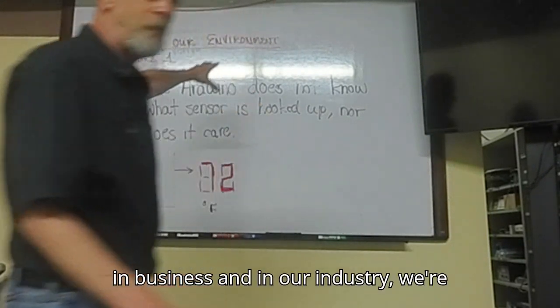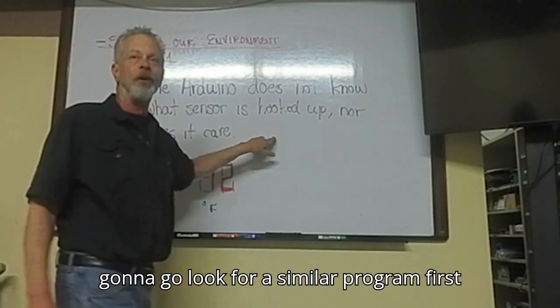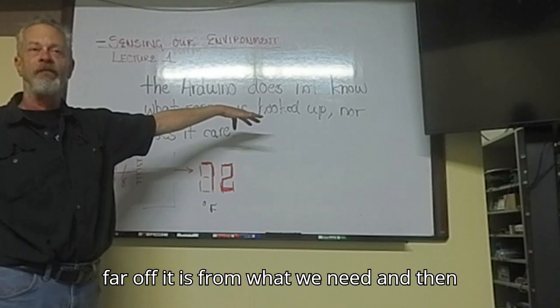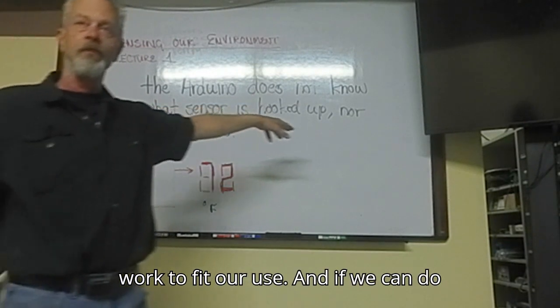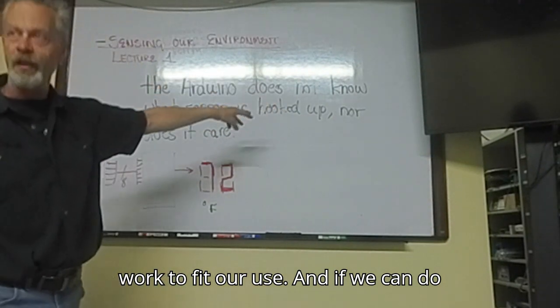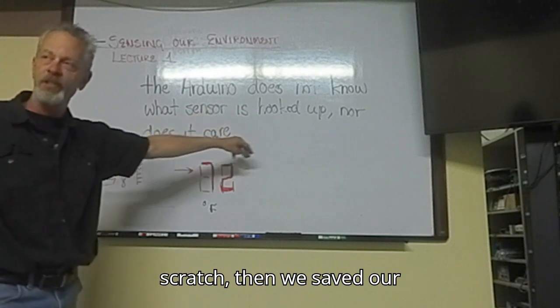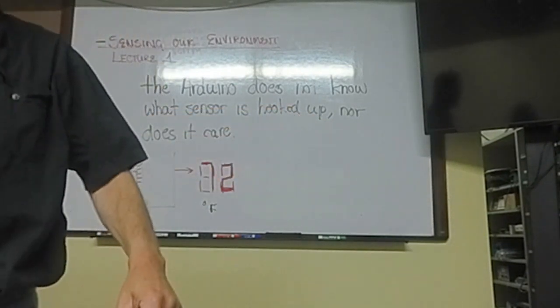But in business and in our industry, we're going to look for a similar program first in the public domain and see how far off it is from what we need, and then we're going to modify the program to fit our use. And if we can do that faster than we can start from scratch, then we saved our company and our customers money. And also time, which is money.